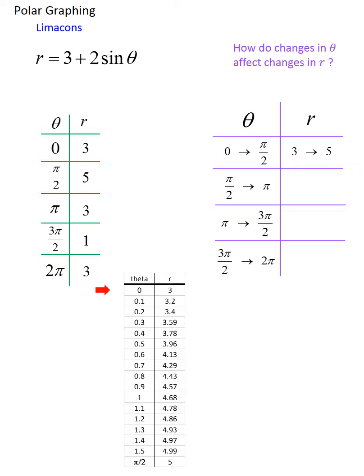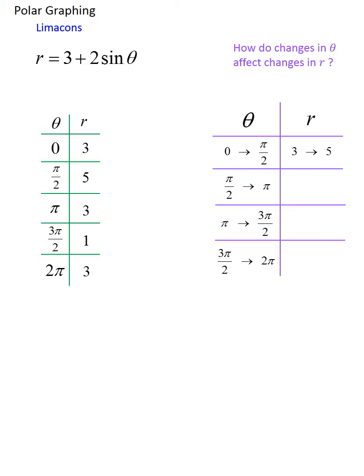And notice, as theta goes from 0 to pi over 2, r does in fact take on all the values from 3 through 5. So for the rest of this video series, when you see me write 3 arrow 5, that's the kind of thing I'm talking about. All right, let's continue.